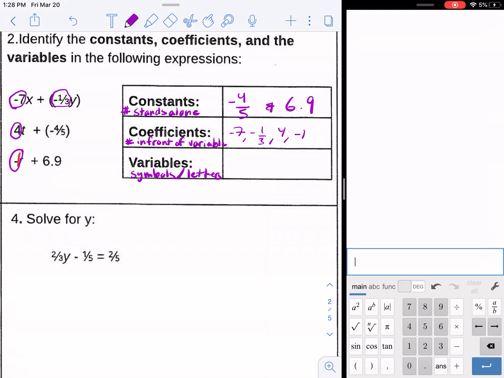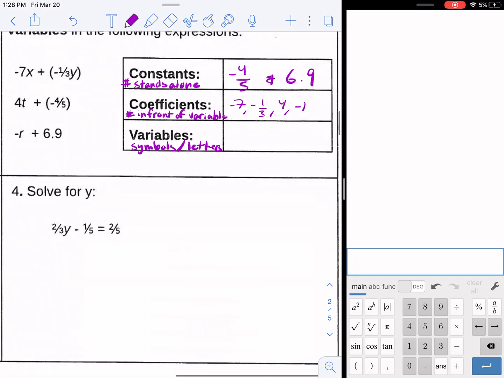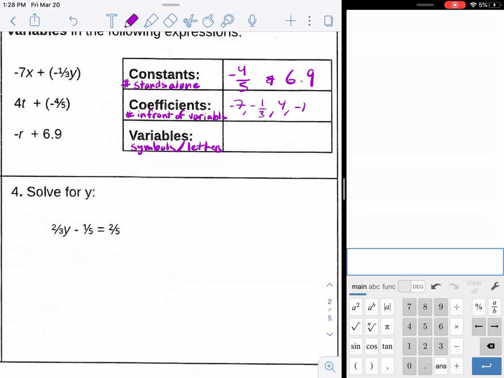And then the variables. How many different unknown values do we see here? I see one right here, one right there. I'm just looking for symbols or letters. I don't see any Greek letters, so it must be just the regular English alphabet.